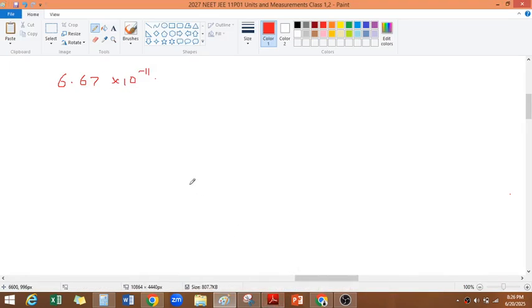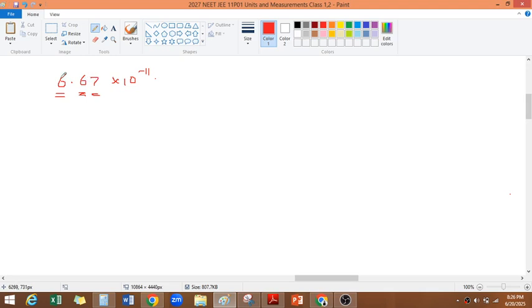What this means is that somebody who measured this is very sure about these digits, but maybe they have some doubt in this last digit. So it could be 6.68 or it could be 6.66. So it can be plus or minus something, like 0.01. That means they are not sure about this digit.